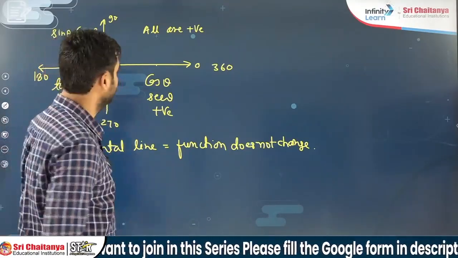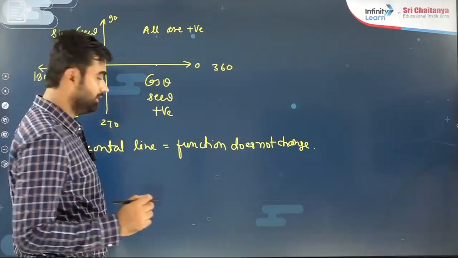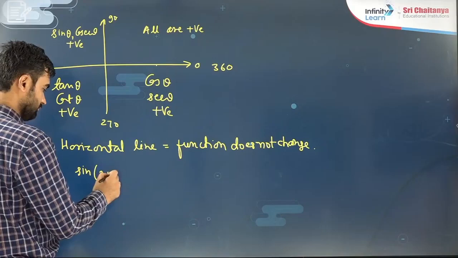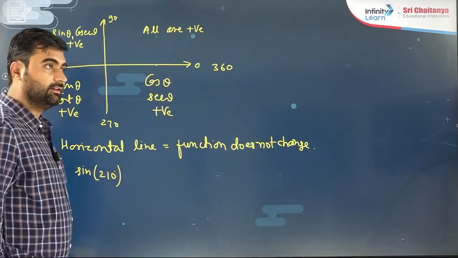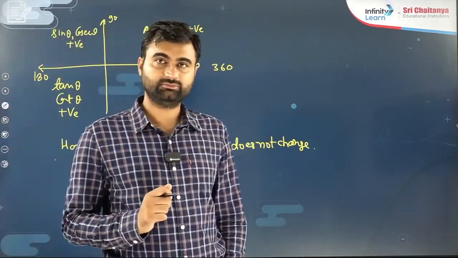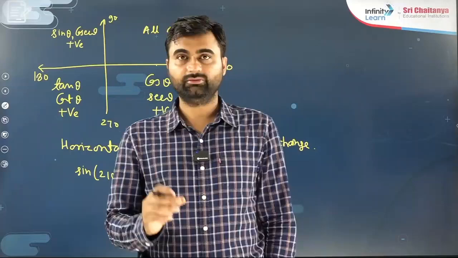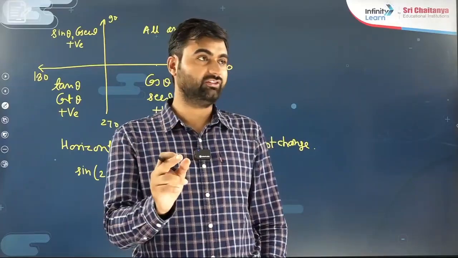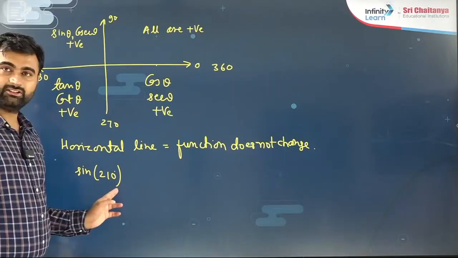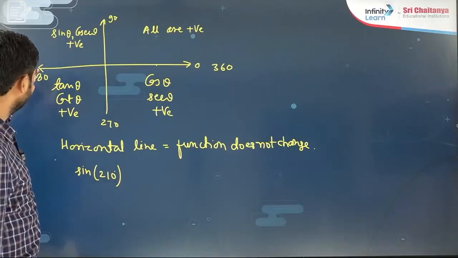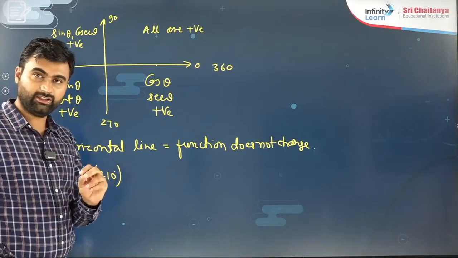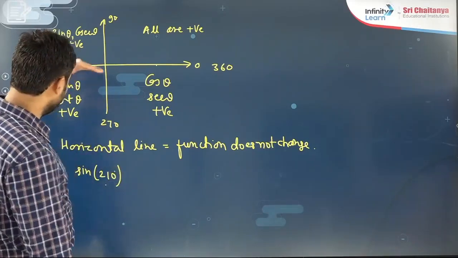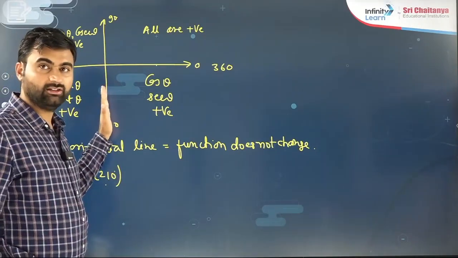What is the meaning? Suppose an angle is there, sin 210. Okay. Now 210 we can break. First find where 210 is, in which quadrant it is. So this is in the third quadrant. Now this angle we can write by using the horizontal line, otherwise by using the vertical line.